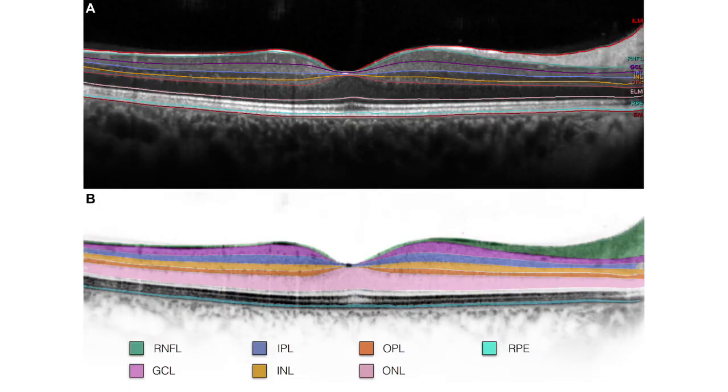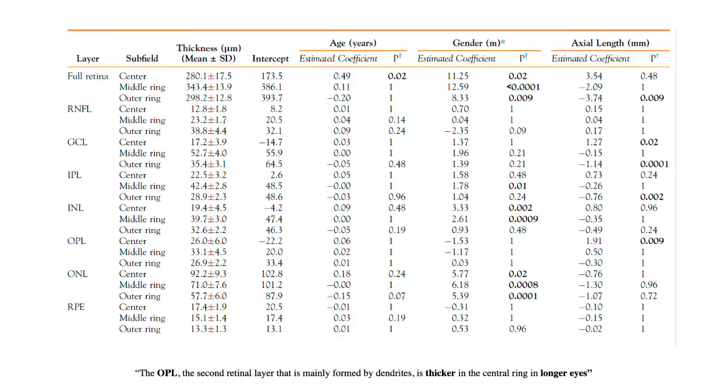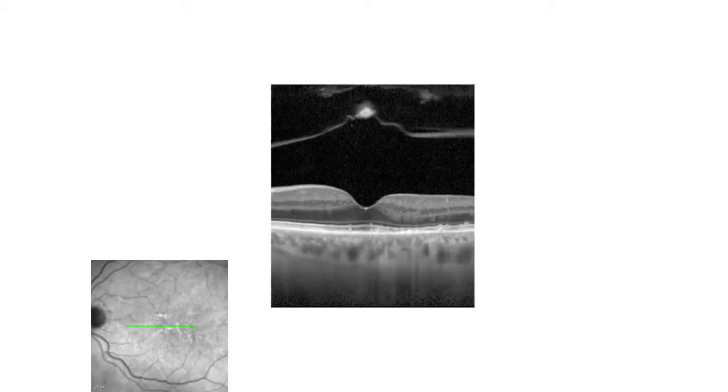Of course, we used completely automatic segmentation, and what was interesting, talking about the outer plexiform layer, is that it was thicker in the central ring, and also thicker in longer eyes, and this was significant in the central millimeter of the ETDRS grid.